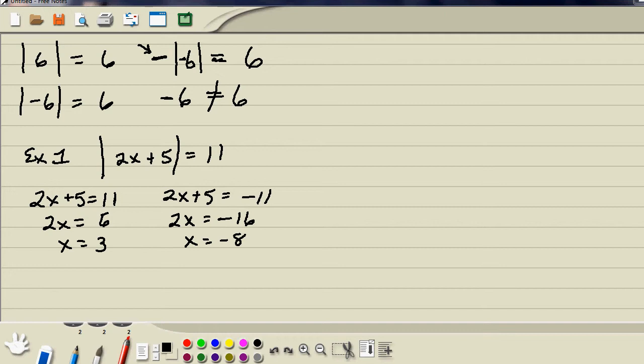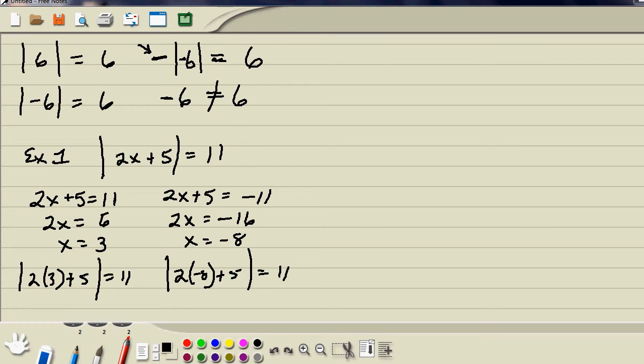Now, if we were to put them in the equation, 2 times 3, absolute value, 2 times 3 plus 5, does it equal 11? 6 plus 5 is 11, so that is true. Okay, now if I use my negative, absolute value, 2 times a negative 8 plus 5, does it equal 11 as well? 2 times a negative 8 is a negative 16.